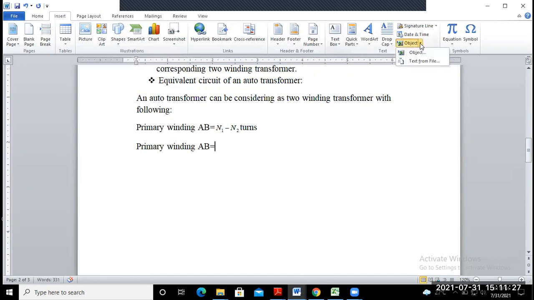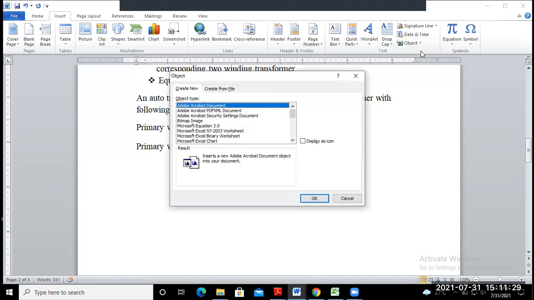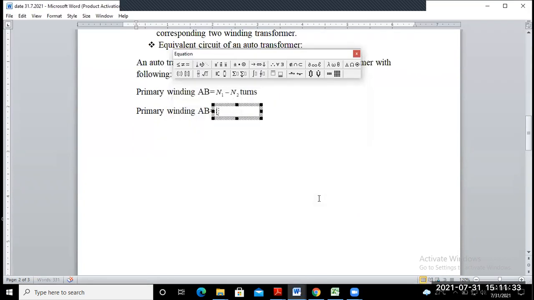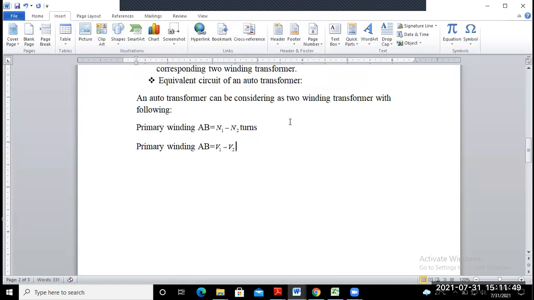What is the current flowing through the winding AB? Nothing but I1.